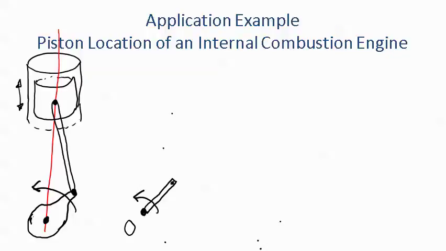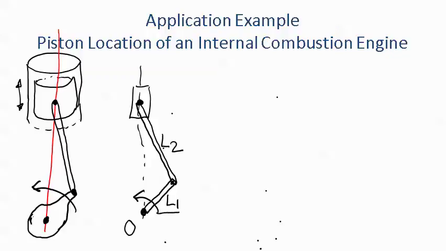And then we can think of the piston here as a rectangle with a connecting point, and then another component that connects to the piston. We do know the lengths of these linkages, L1 and L2.